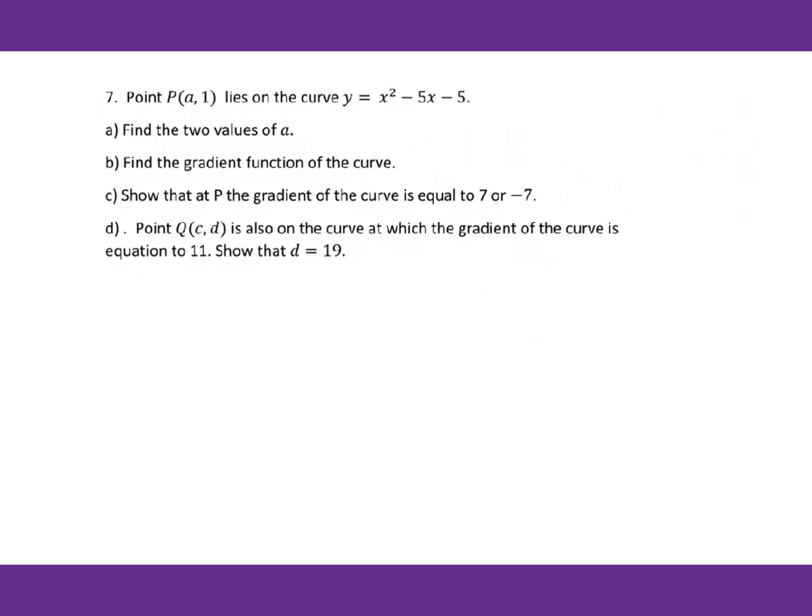Now let's go to number 7. Point P (A, 1) lies on the curve of this. Find the two values of A. For this coordinate, x equals A, y equals 1. Since we know this point lies on the curve, we can just plug in x equals A and y equals 1 into this function.